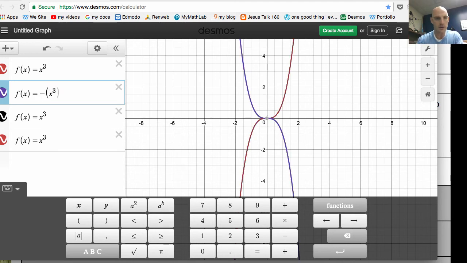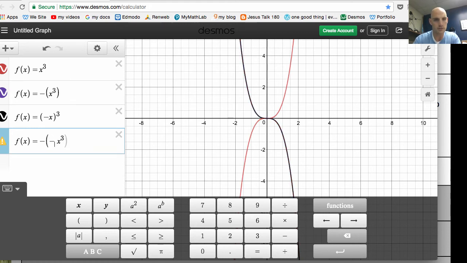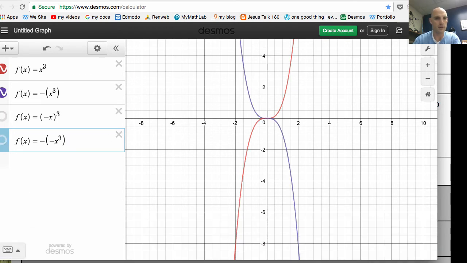A negative x cubed. Well, that's interesting. Look at that. Let's look at them one at a time.